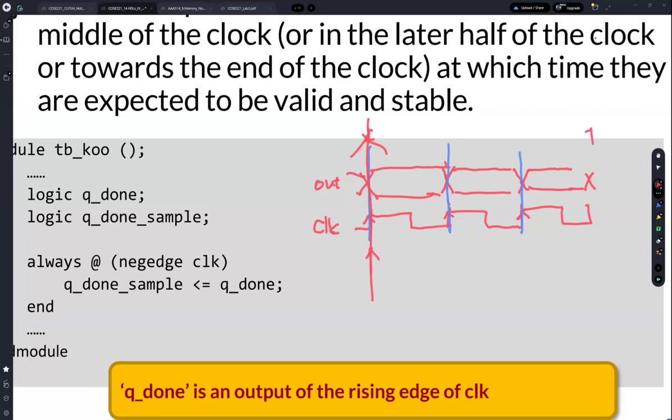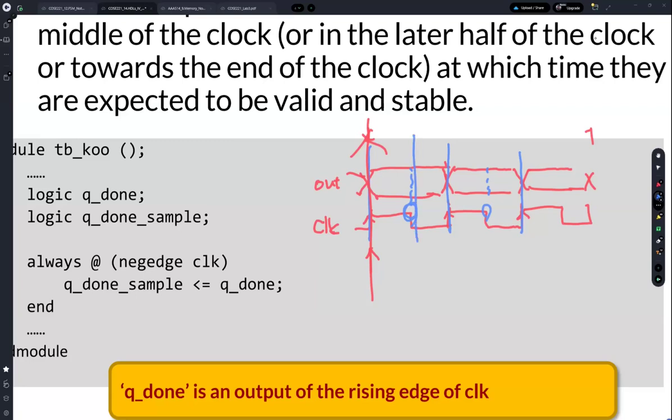So usually we monitor the output value at the half of the clock period. It means in the middle between a rising edge and the next rising edge.